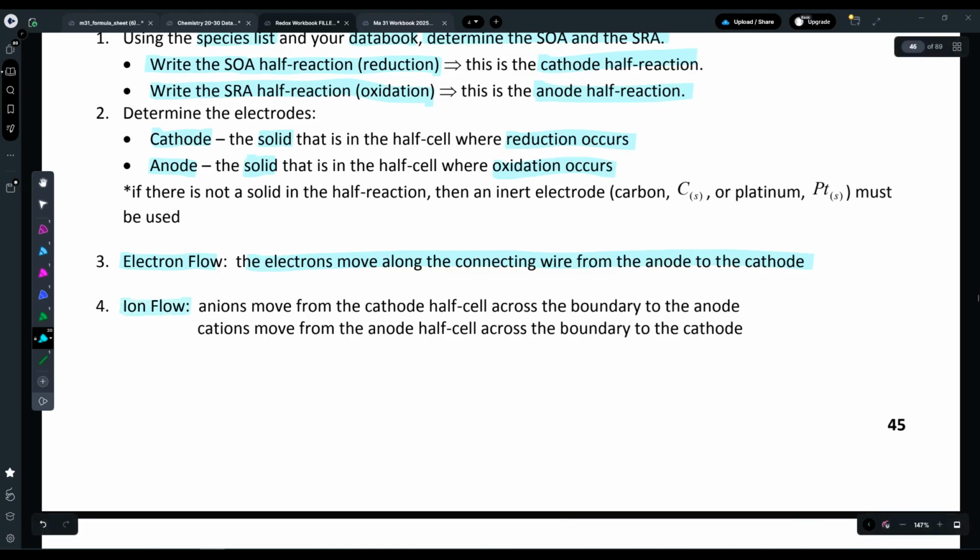You're also going to have to show ion flow. So remember, anions go to the anode, cations go to the cathode. Now, when they're talking about the boundary, they're just talking about the salt bridge. So anions, anode, cations, cathode.